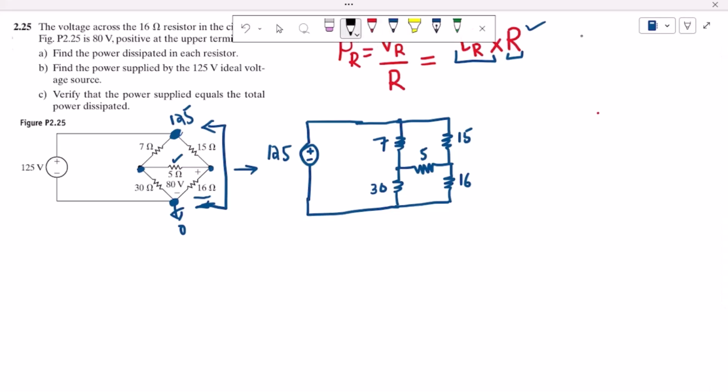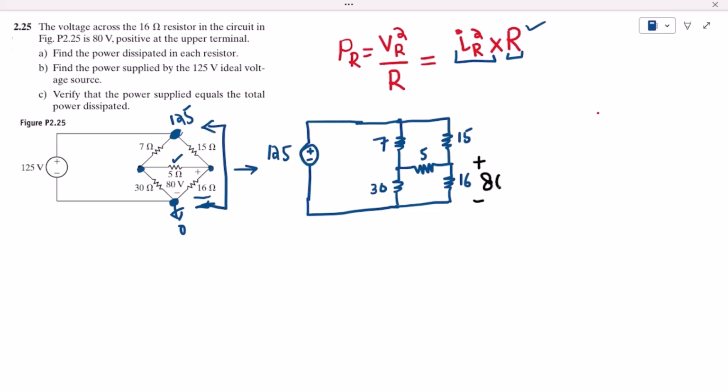So let me choose this black color for it, and here the voltage given is this plus minus 80 volts. Okay, and the current which is flowing through this 16 ohm resistor, let me call it I subscript 16. Similarly, the current which is flowing towards this node is I_G, which is the source current.